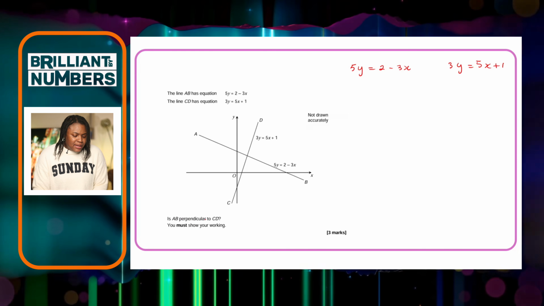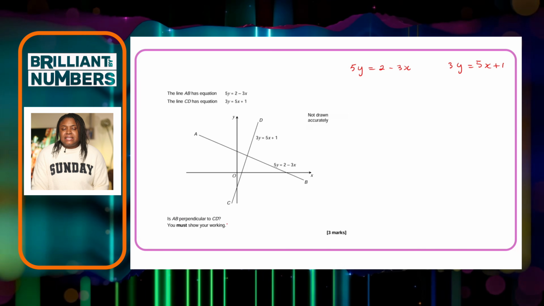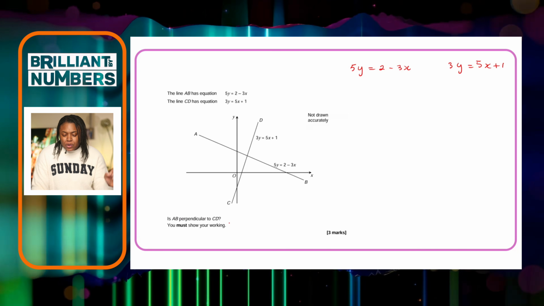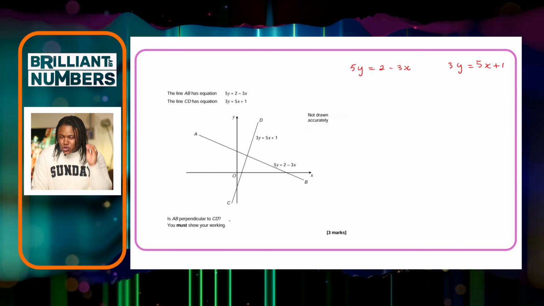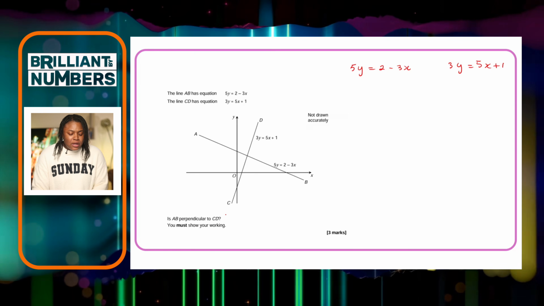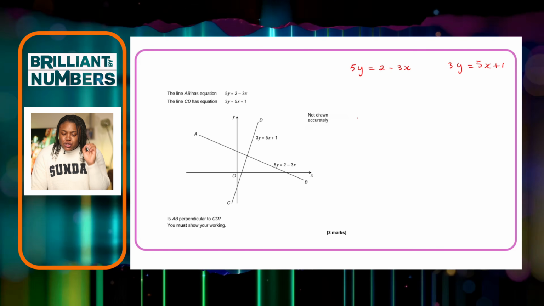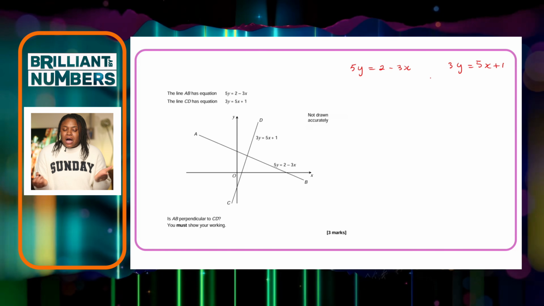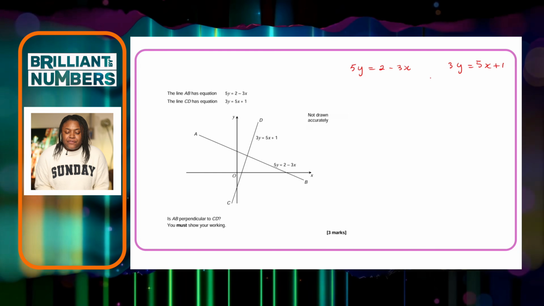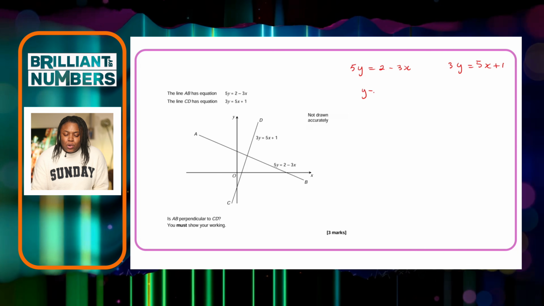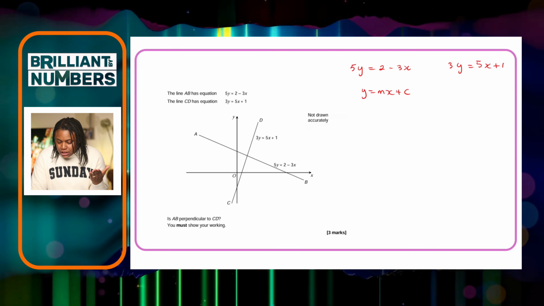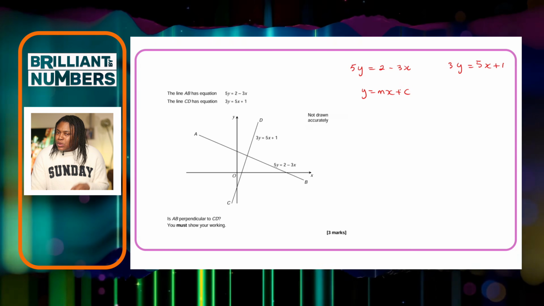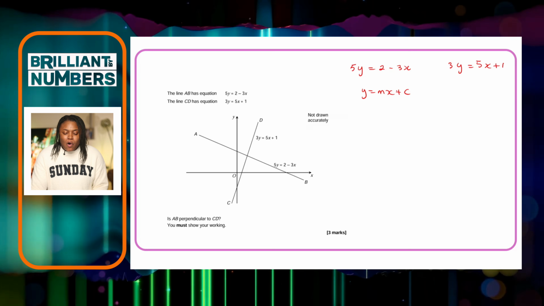Is AB perpendicular to CD? I've picked another one of these because this is a red flag for us. We know students get these ones wrong. So remember, I must check that my two lines are rearranged in the form y equals mx plus c. Then, if they are perpendicular, their gradients will be the negative reciprocal of each other.